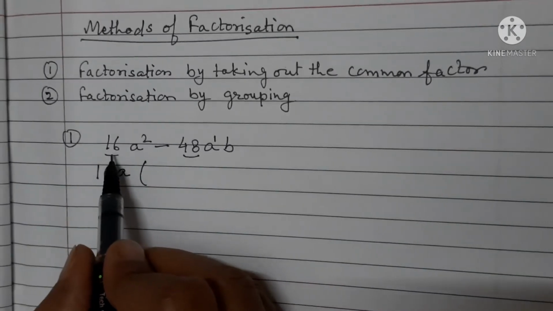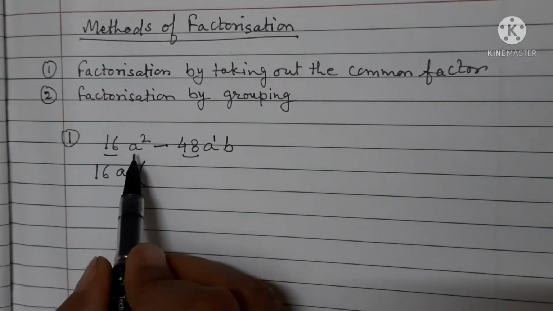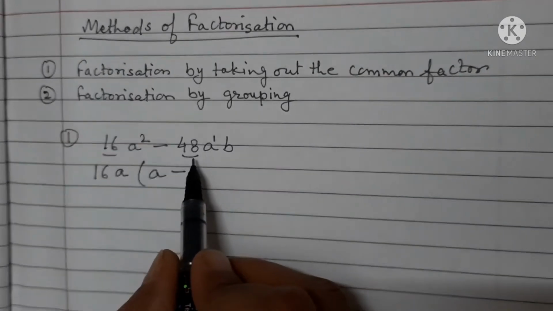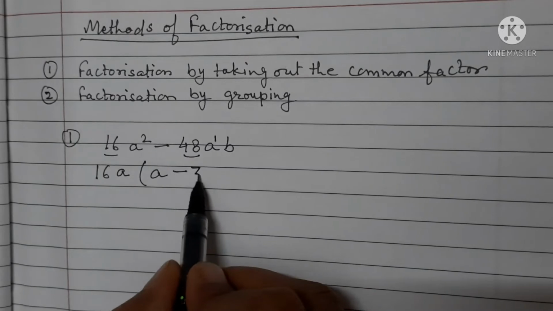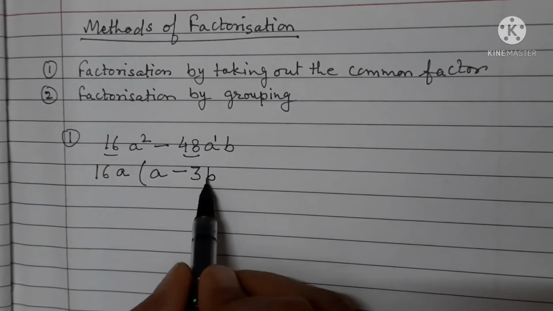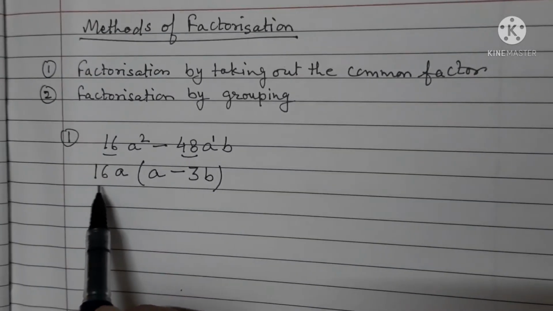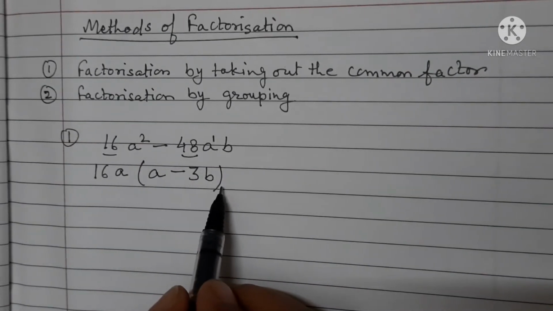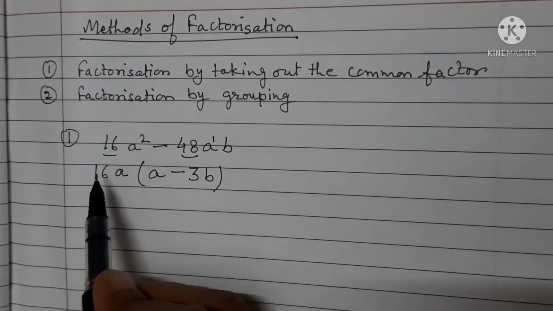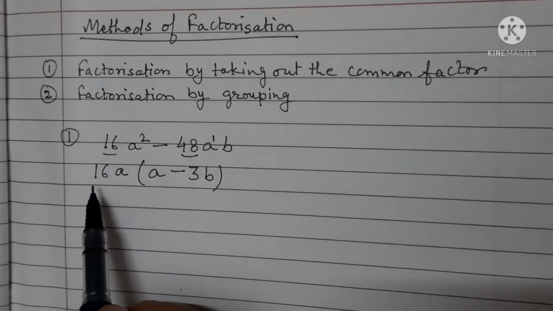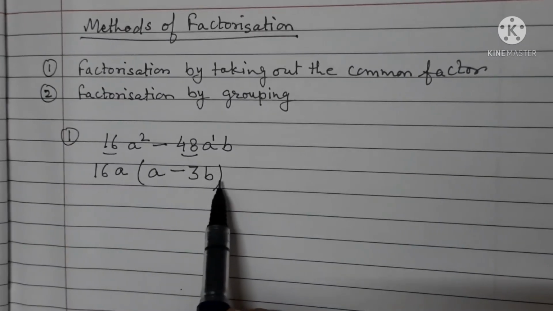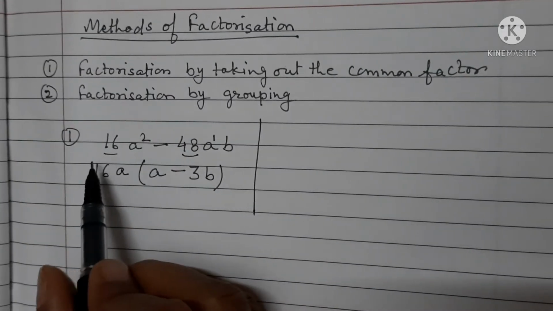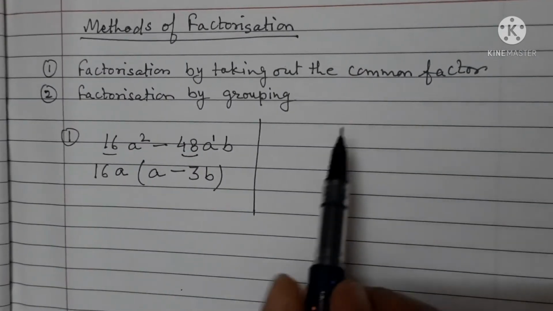So put the bracket, the remaining part: here only a remains in this term, minus, and here 16 threes are 48, so 3 and only b remains here, and these are the factors of this polynomial. You can't factor anymore. So the factors of this polynomial are 16 a and a minus b. Now, this is the method by taking out the common factor.